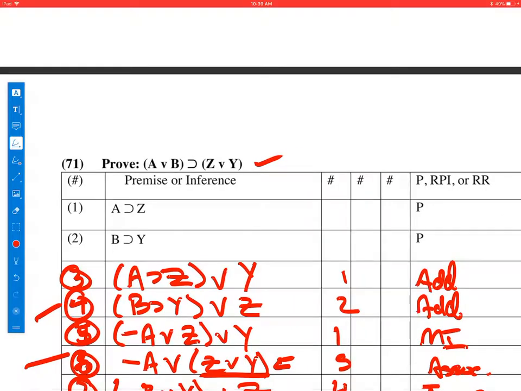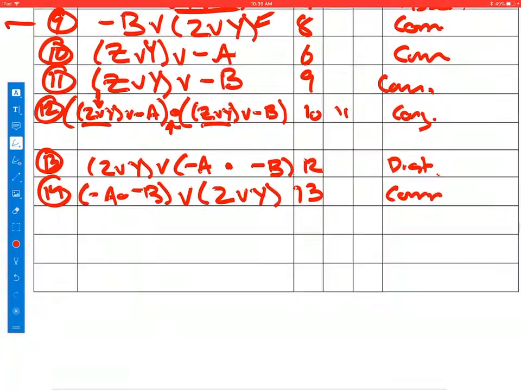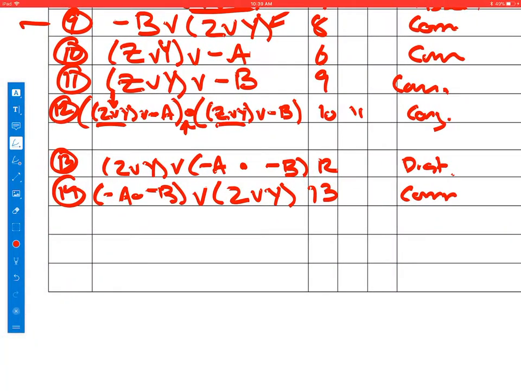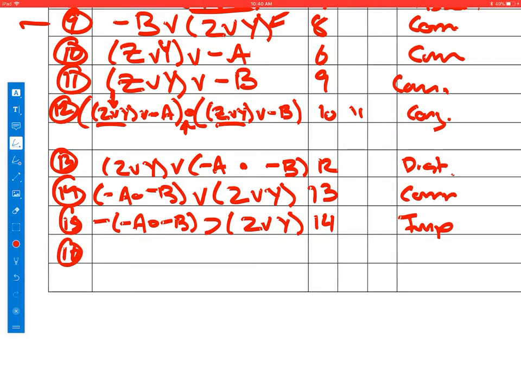And remember, we were shooting for a conditional A or B then. So we need to convert 14 into a conditional by material implication. So we get not A and not B, then Z or Y. This is from 14 by implication.